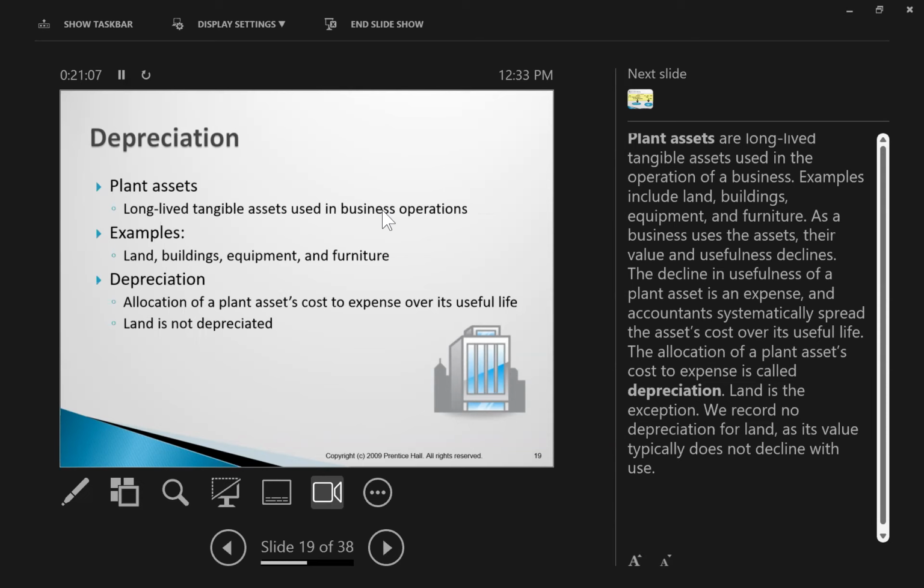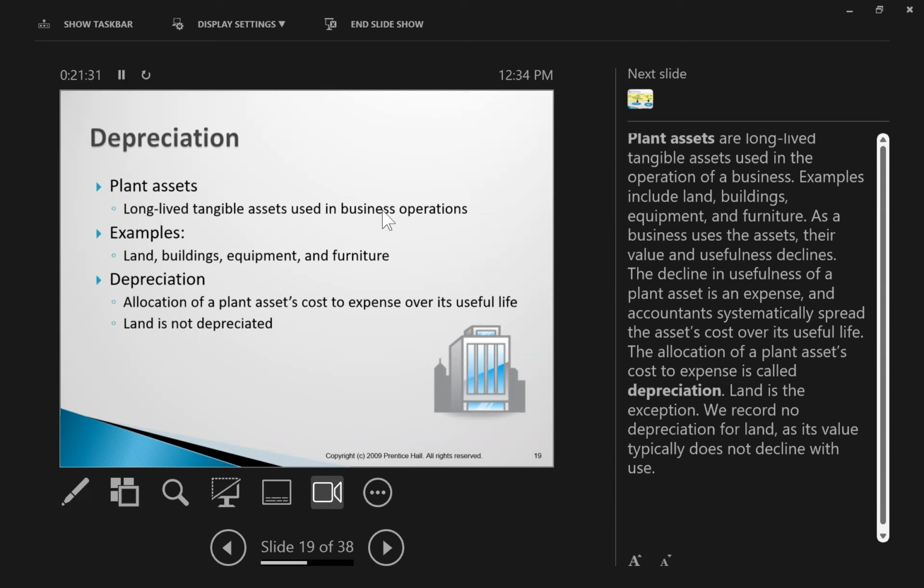And accountants systematically spread the cost over its useful life. So if its useful life is 5 years, then we're going to take the depreciation and spread it out over 5 years. That's what its useful life is. The only exception to this is land. Land does not depreciate.